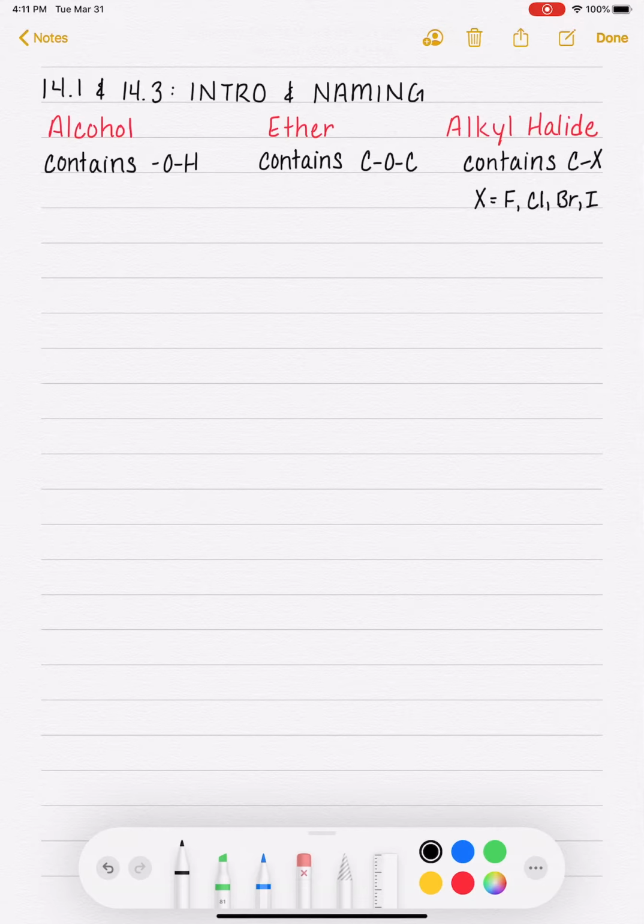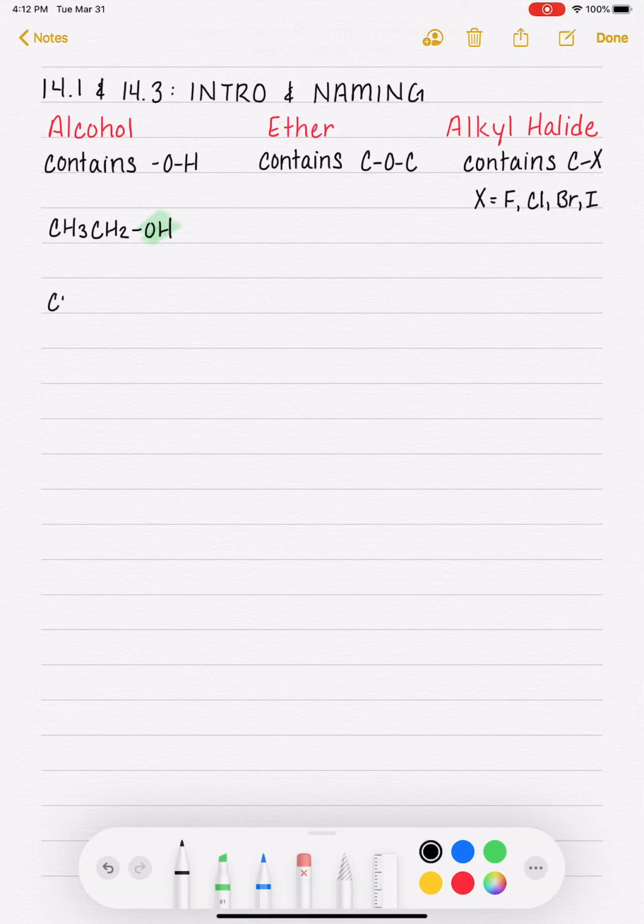So an example of an alcohol would be, I'm going to use condensed notation, CH3CH2OH. And that OH is what makes this molecule an alcohol. Now it's really important that you see that the OH group of an alcohol is by itself.